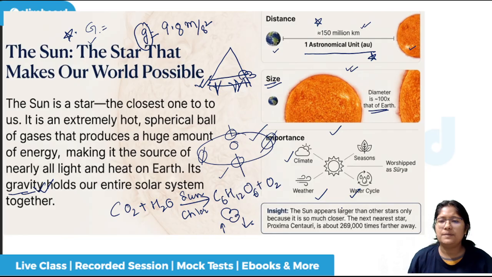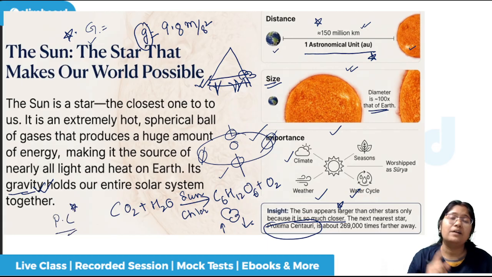The sun appears larger than other stars only because it is so much closer. The next nearest star is Proxima Centauri, which is about 269,000 times further away. Proxima Centauri is the next nearest star after the sun.